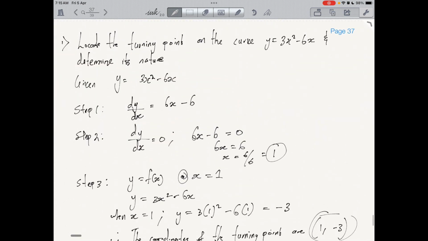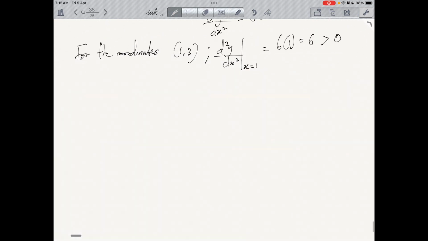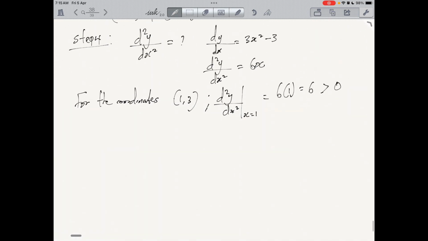And when we have greater than 0, the point is a minimum point. But when it is less than 0, it is a maximum point. So therefore, we are saying the turning point (1, 3) is a minimum point.